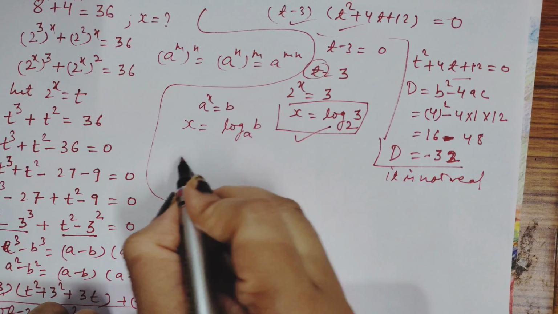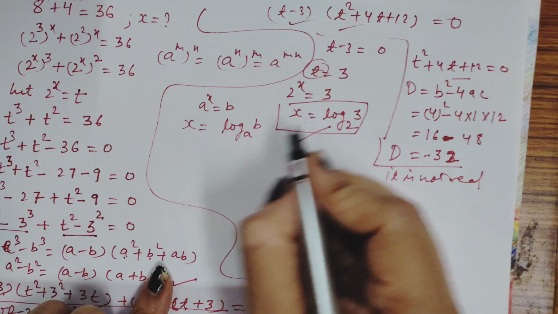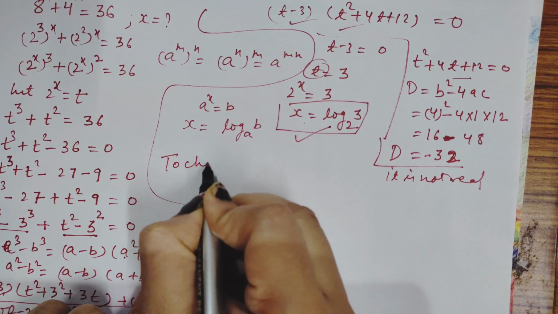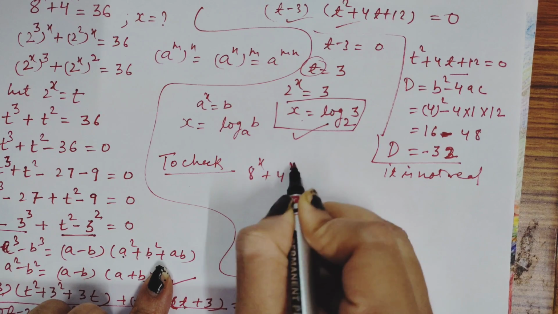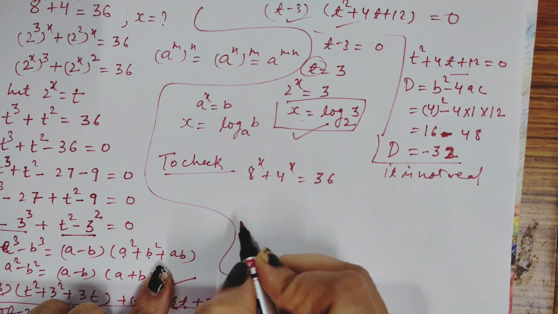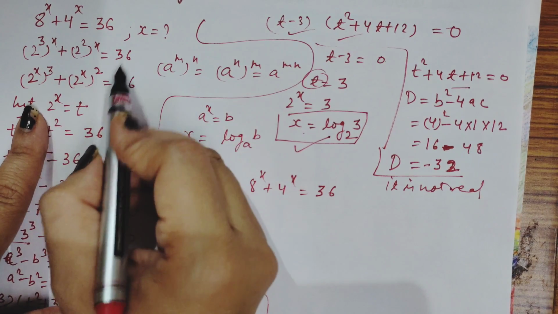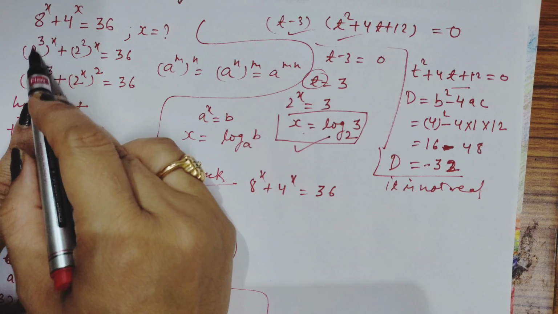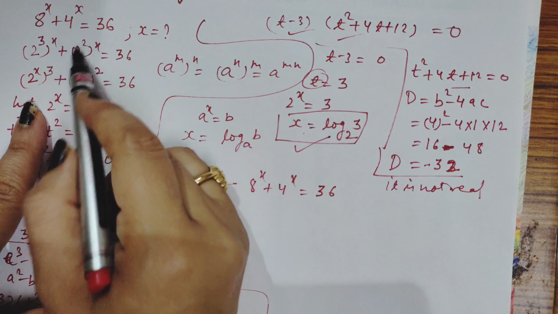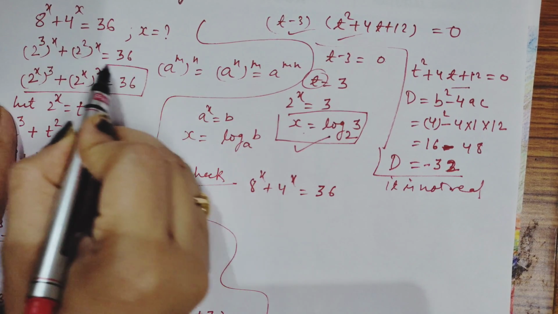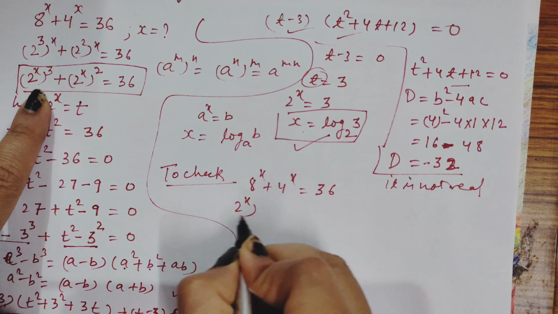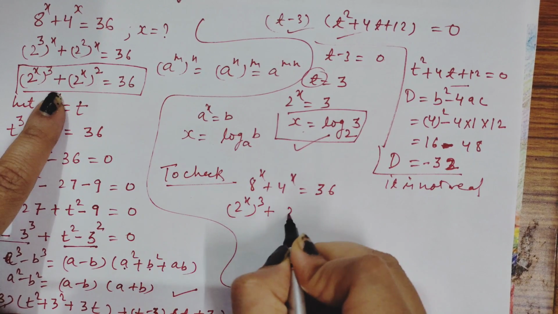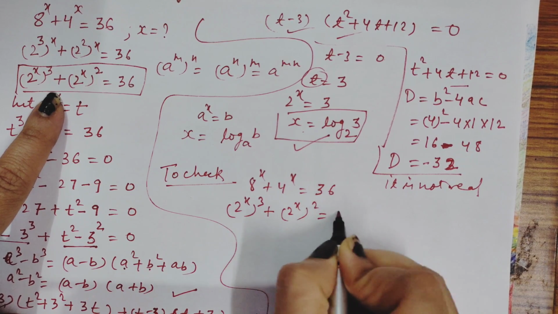Now how to verify whether this answer is correct or not? Our question is 8 power x plus 4 power x equals 36. We assume these are 2 cube and 2 square, so we check: (2 power x) whole power 3 and (2 power x) whole power 2 equals 36.